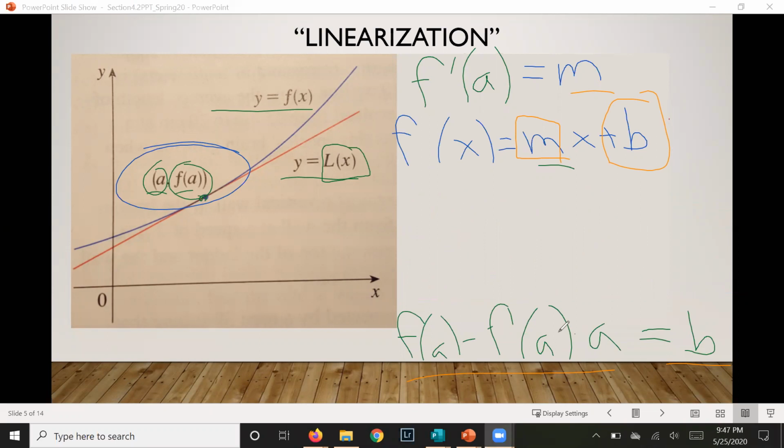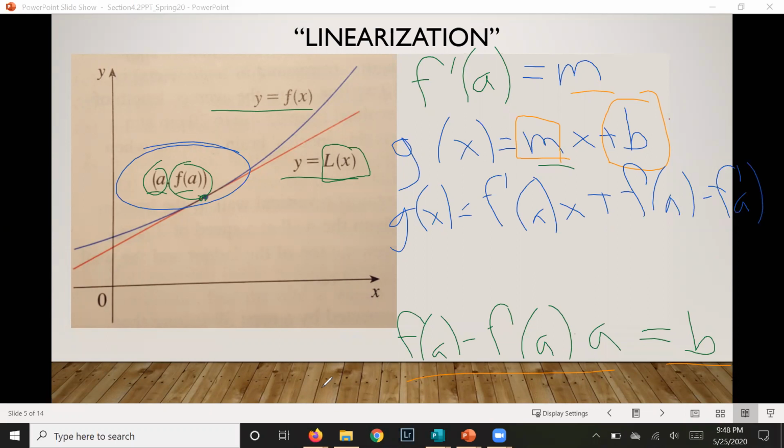That's supposed to be a g. So we're going to have g of x equals the slope, which is f prime of a times x, plus the value for b, which is f of a minus f prime of a times a.